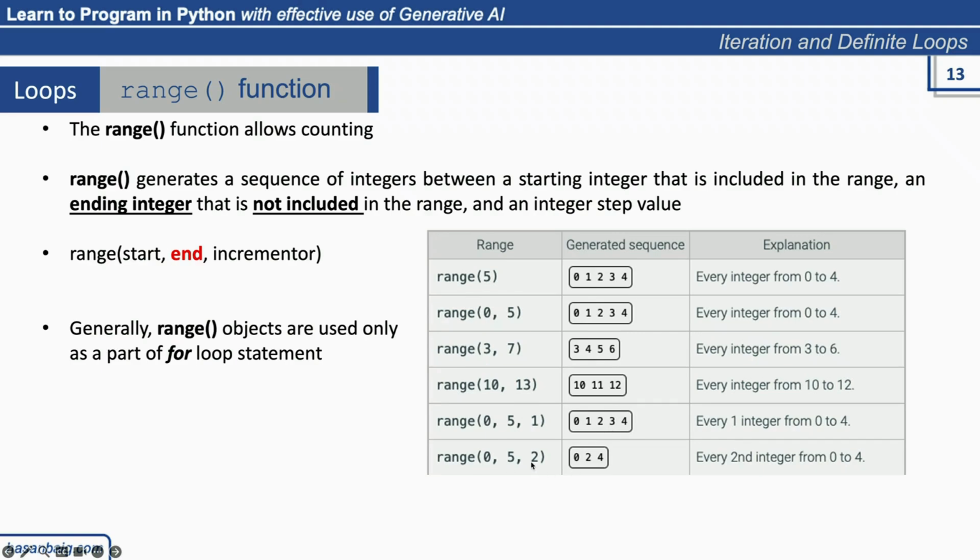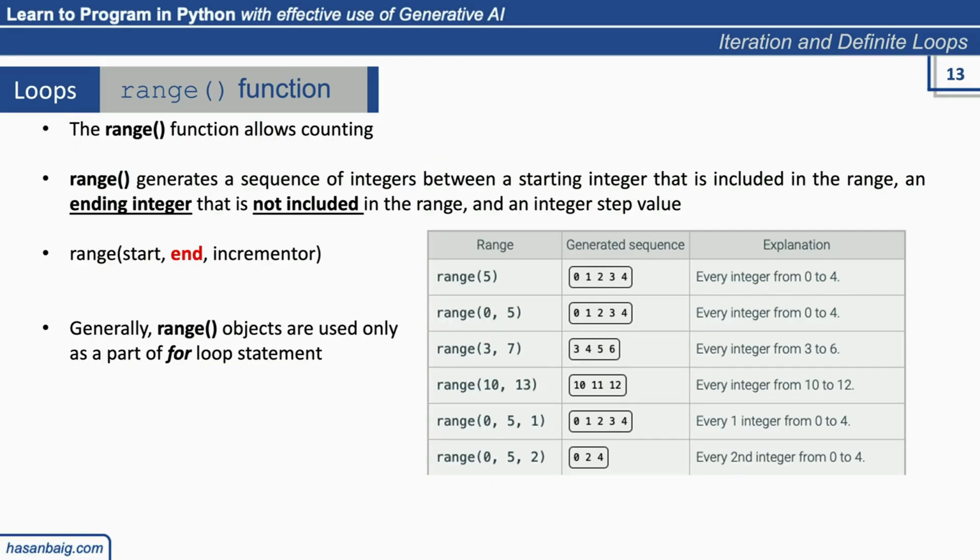Here we are specifically incrementing the value by 2. Starting from 0, increment the next value by 2, and so on. So 0, 2, 4. It will stop at 4 because the end value is 5. If you understand this, you would be very easily able to answer questions in the exam.